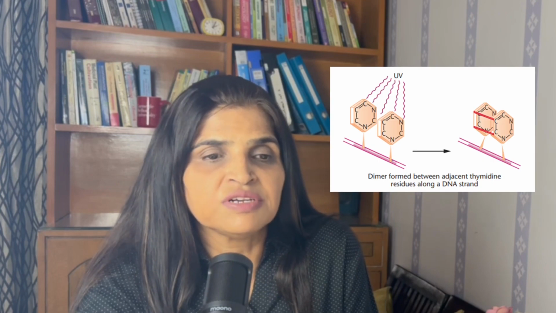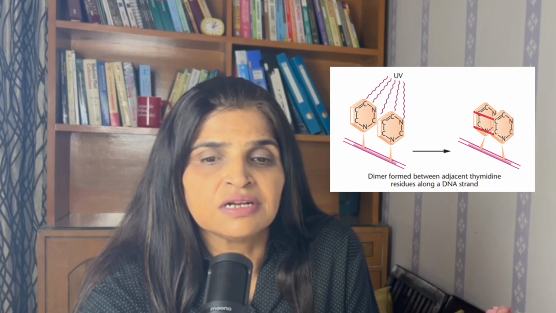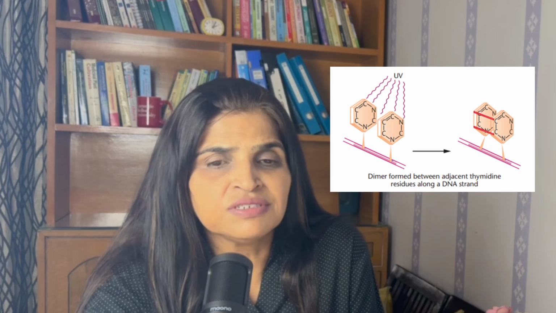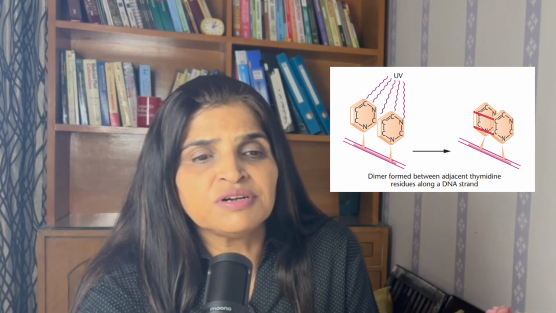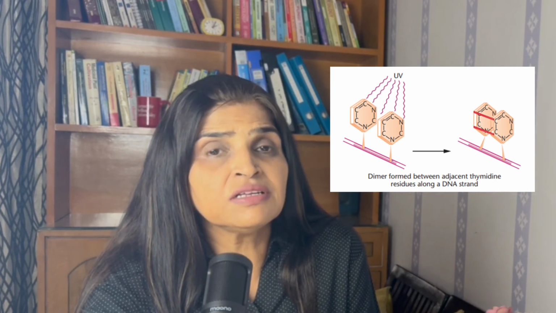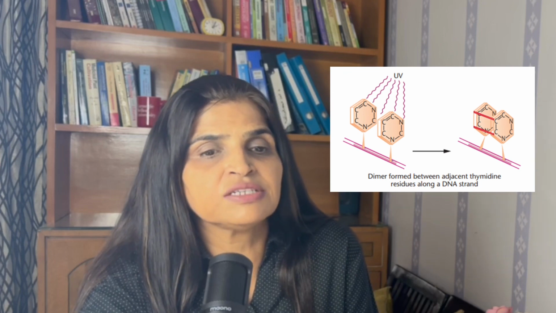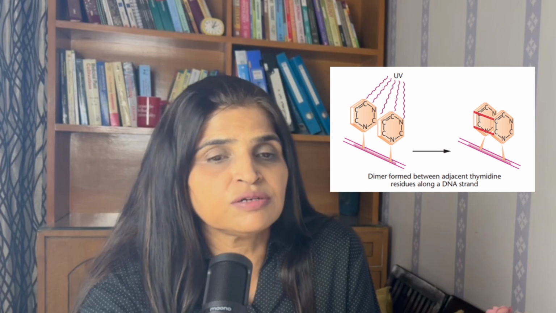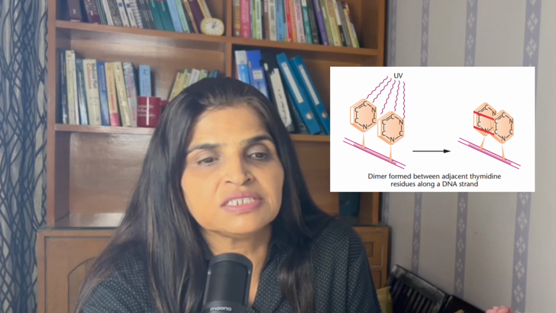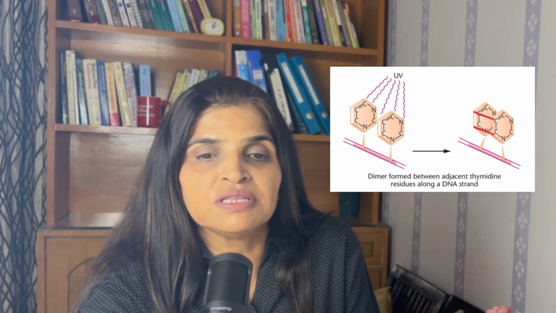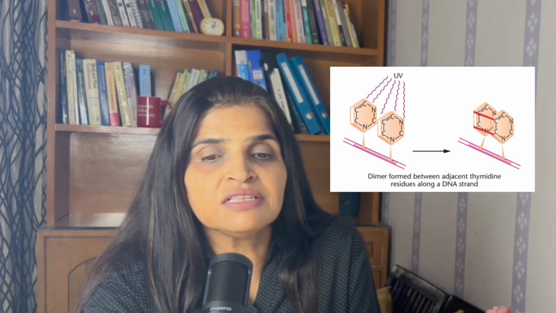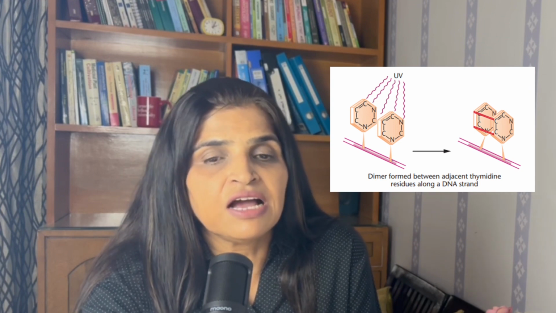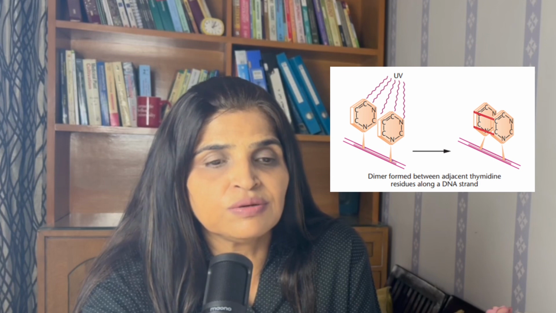At the molecular level, we have formation of thymidine dimers. And what are these thymidine dimers? When two pyrimidines are lying together in the DNA, rather than bonding to the corresponding base, they form a bond between them. As you can see in the picture, dimers are formed.